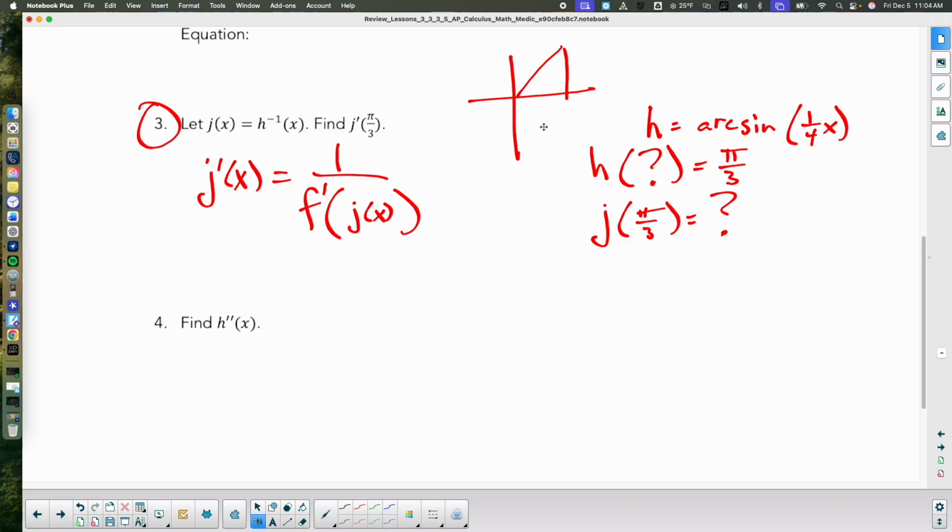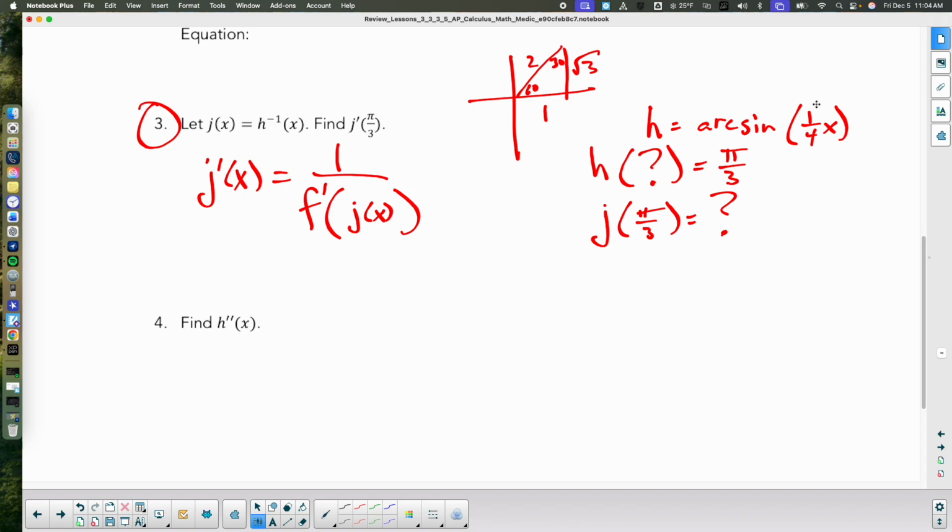Oh, wait. Why is this messing with my brain? Pi thirds is the angle. So that's 60 degrees. So the arc sine of, yeah, that's right, because when you're doing arc trig, you're going to do arc trig of a ratio, and then the answer would be an angle, because it's backwards from normal.